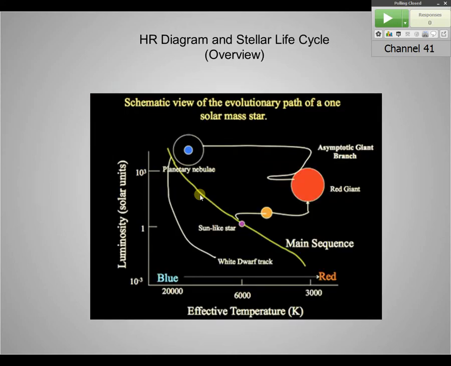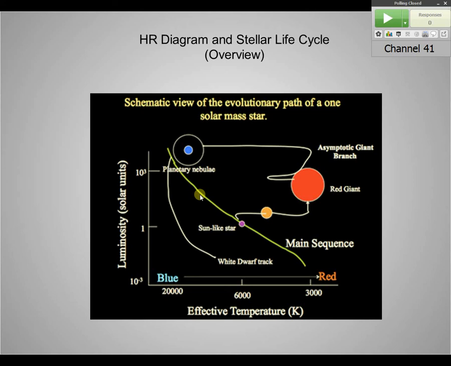Okay, and so there's another thing that I mentioned when we were doing the review about the fact that the HR diagram has implications for a star's lifespan, where it is on its lifespan. Roughly speaking, we identified 3 regions of the HR diagram, one being the main sequence, which is probably the most important for the star for most of its life, is where it's going to live on the HR diagram.